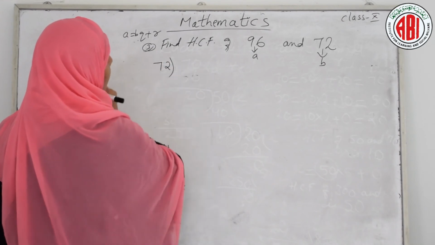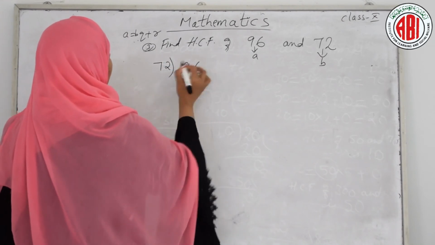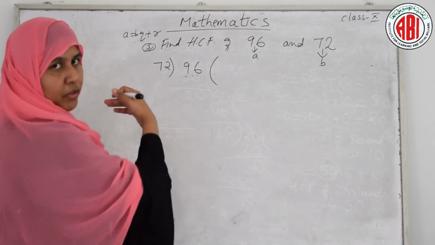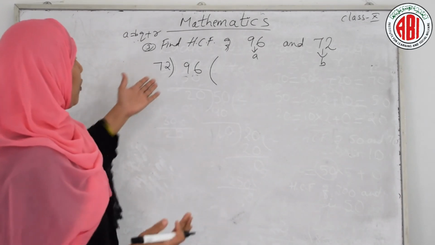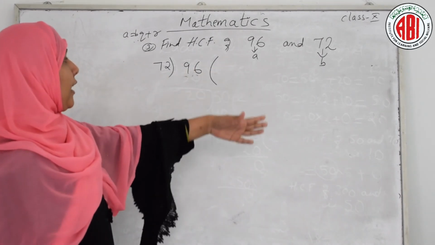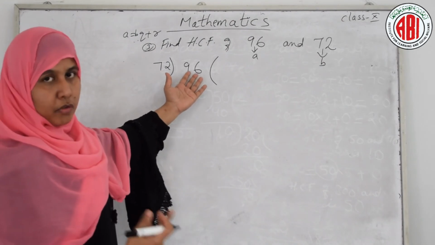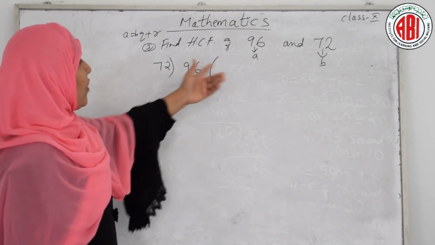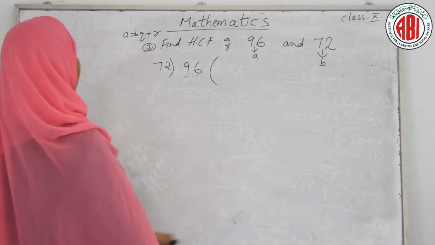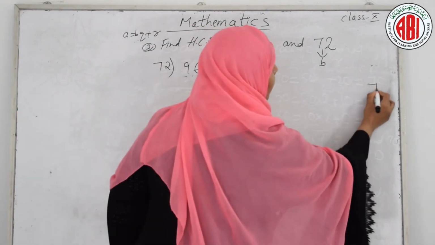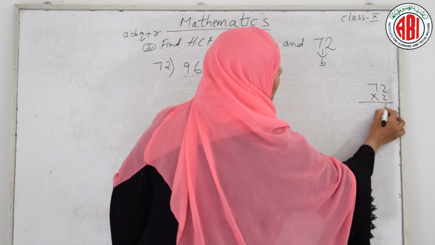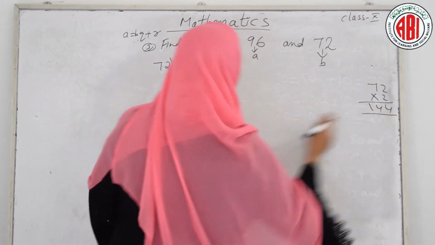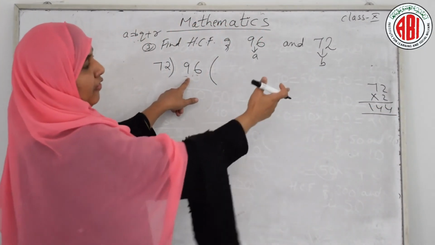We will divide 96 by 72. Do you remember the multiplication table of 72? If you don't remember, you have to multiply and get the answers. Since the digits are only 2 digits, we can simply write 72 ones are 72, because 72 twos is 2 4s are 8, 2 7s are 14, 144, which is bigger than 96, so we will not apply that.